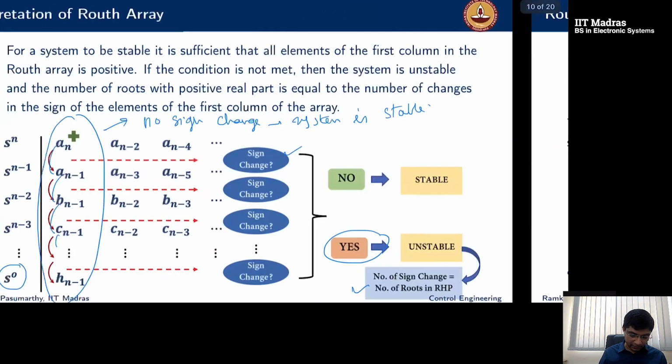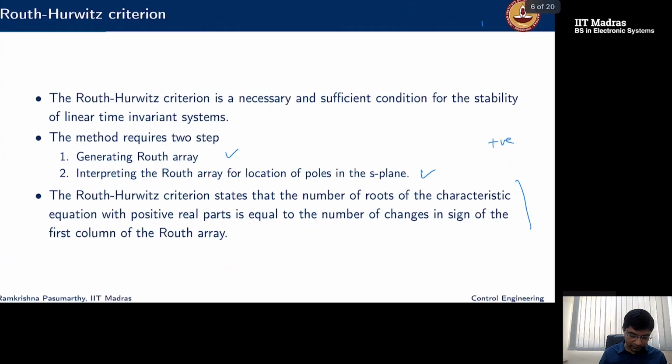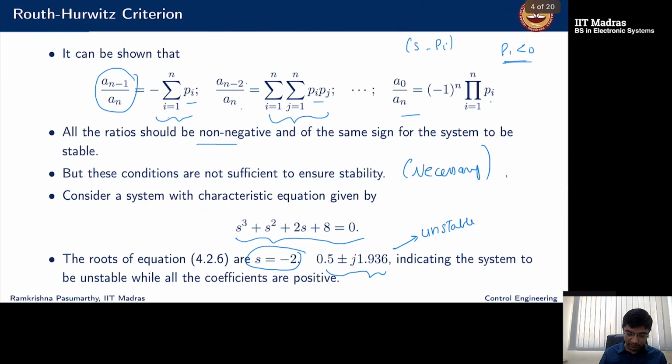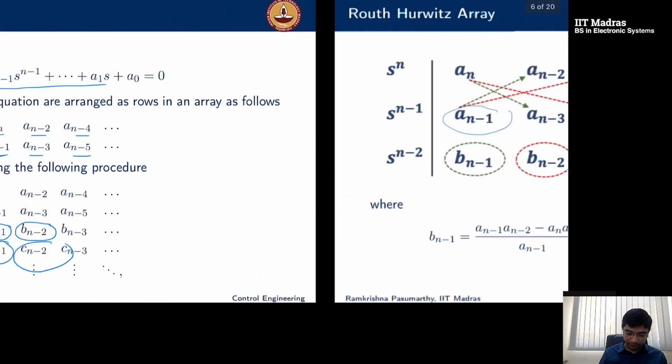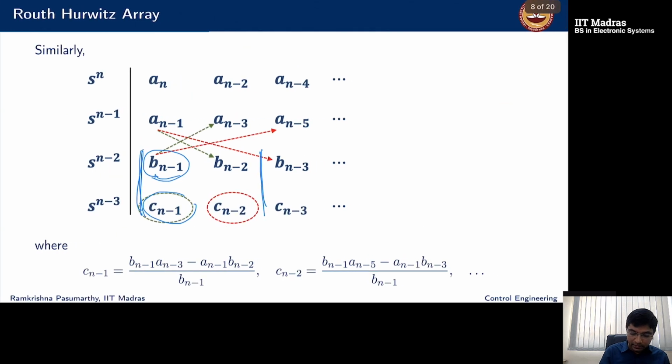Okay, quickly we can look at this one: 1, 1, 2, and 8. I had s cubed plus s squared plus 2s plus 8 equal to 0. If I just draw the Routh table for this, I have s cubed, which is a 1, a 2. S squared will be a 1 and an 8.